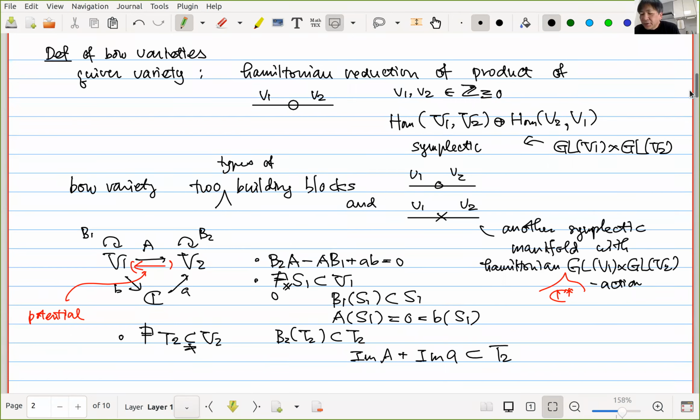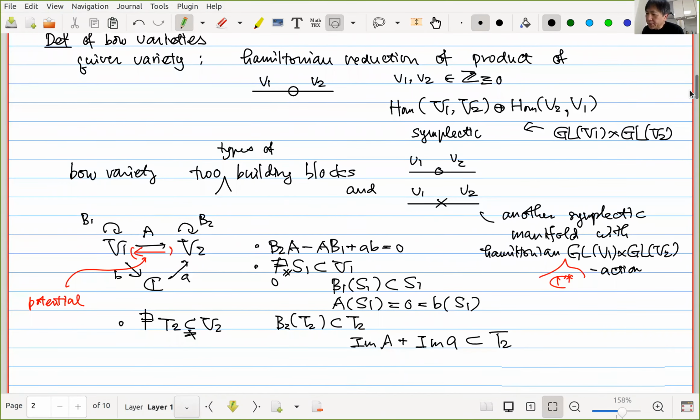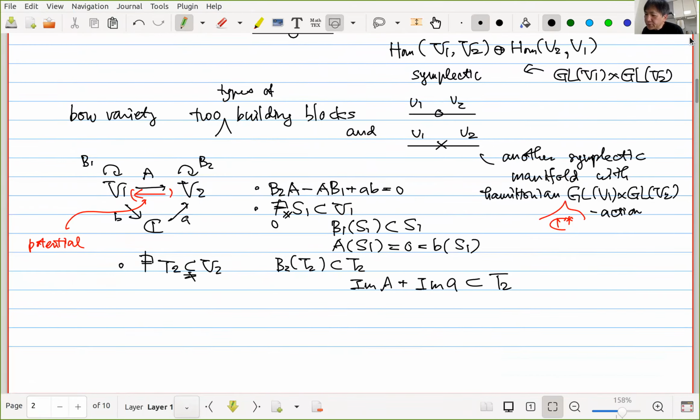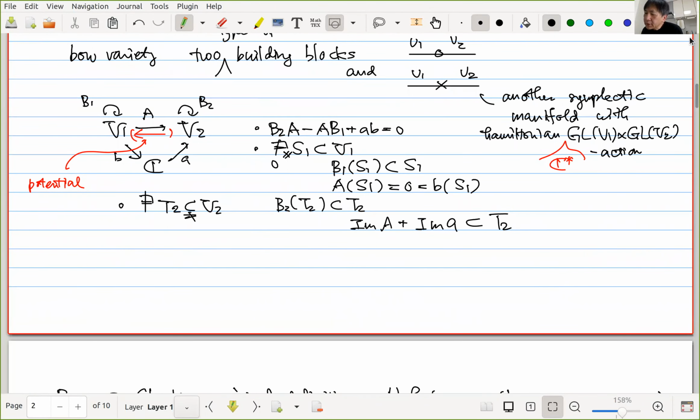If you look at the building blocks, one is just a symplectic vector space. So if you consider differential operators acting on the Lagrangian subspace, then it is a quantization. And if you look at the new building block, even starting from the description by matrices, Finkelberg and Rybnikov already considered quantization.